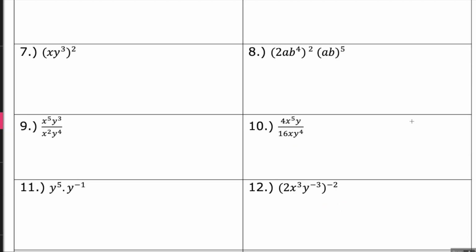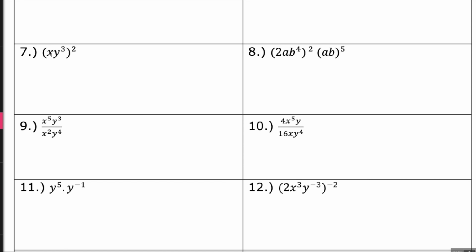Now with items number 7 until 12. Okay, so you have x y cubed raised to the second. Okay, now whenever you see a parenthesis and it is raised to an exponent, you have to multiply the exponential value to the one outside.